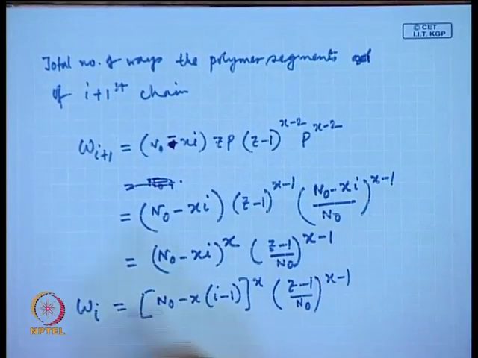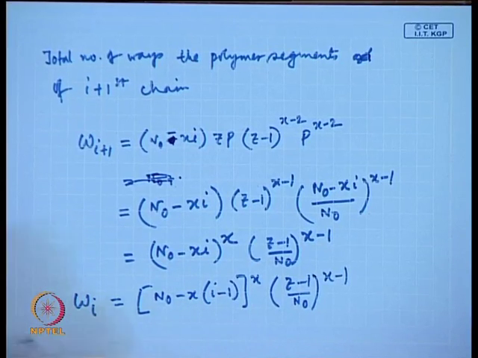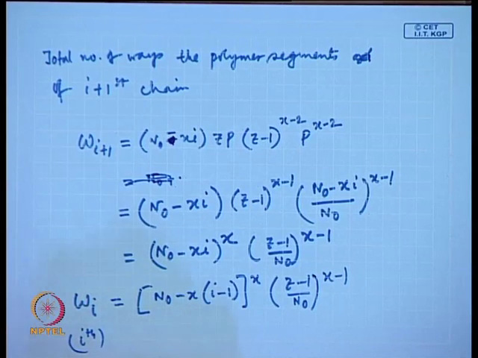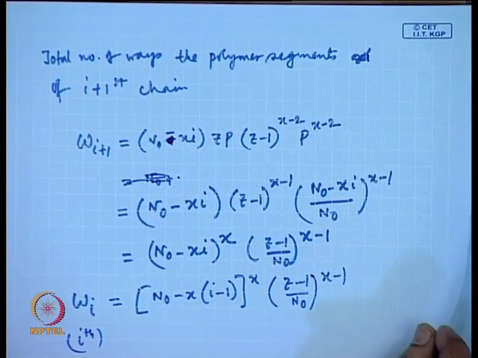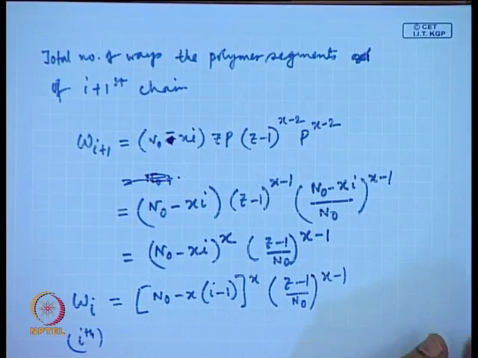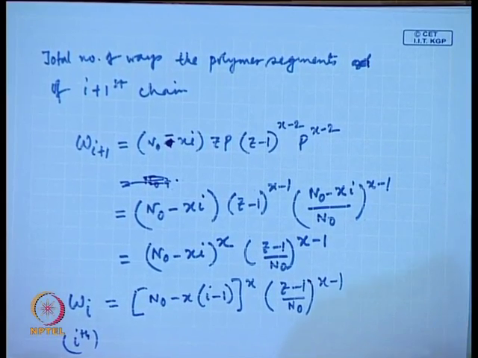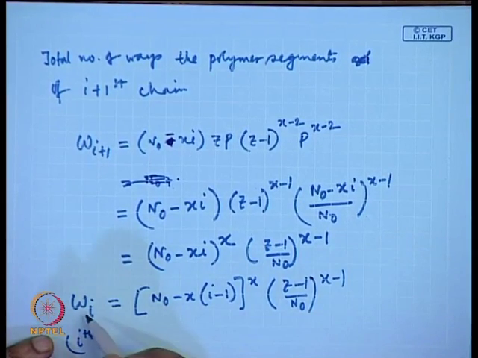So, this is the number of ways the ith polymer chain can be placed in the 3D lattice. Now, if you want to calculate the number of ways all these chains can be placed, we have to multiply the possibilities of each individual chain.